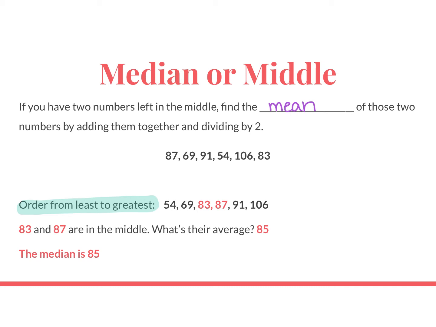So we can cross out 54 and 106, 69 and 91, and then we've got these 2 numbers left in the middle. So we will need to add them together. 83 plus 87. And we get 170. Then we need to divide by 2.